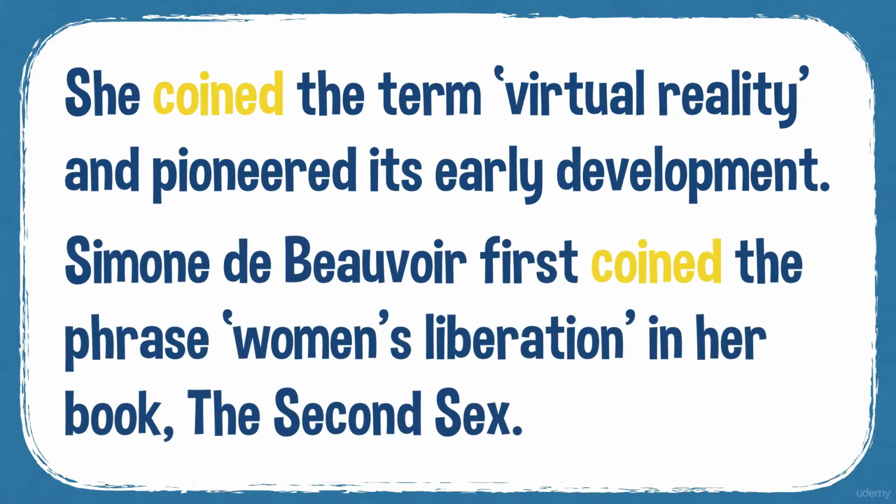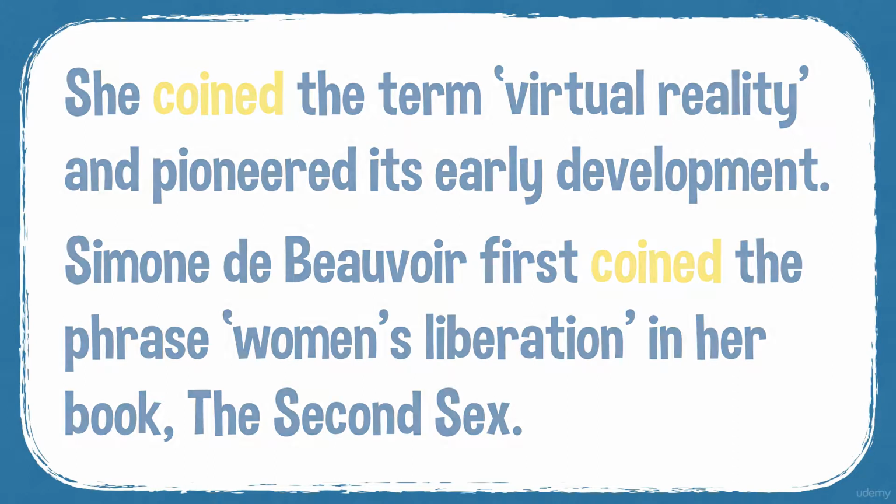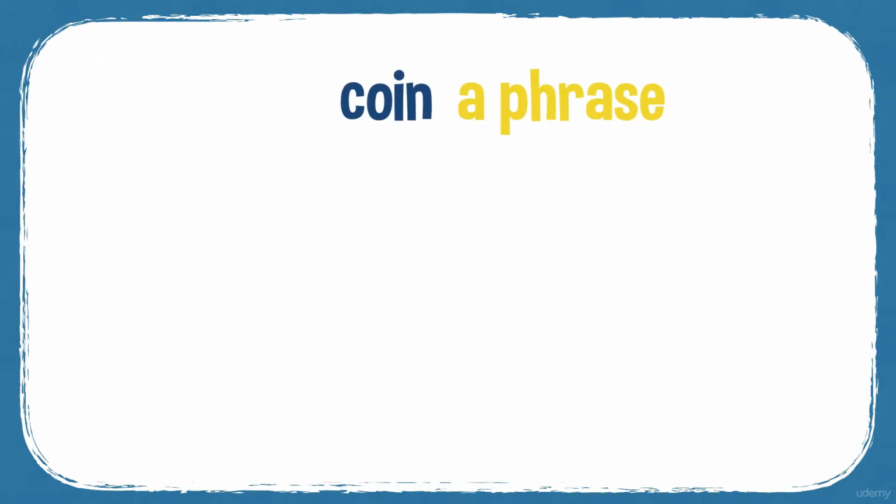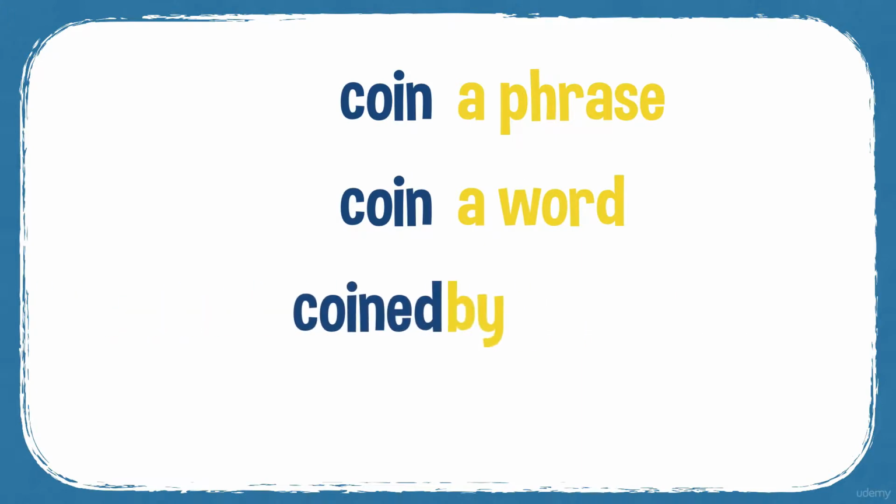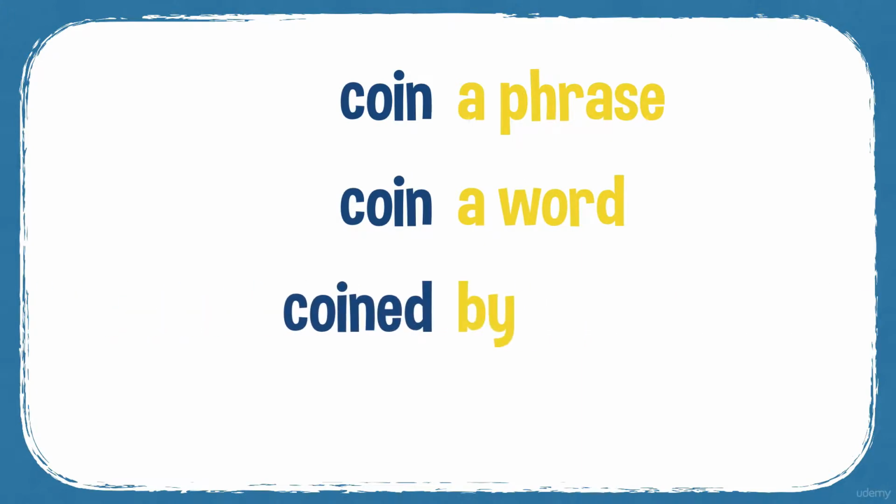Simone de Beauvoir first coined the phrase women's liberation in her book The Second Sex. So she was the first person to make the phrase, to invent the phrase women's liberation. So she coined a phrase. You can coin a word, and something can be coined by, so coin a phrase by, coined by.